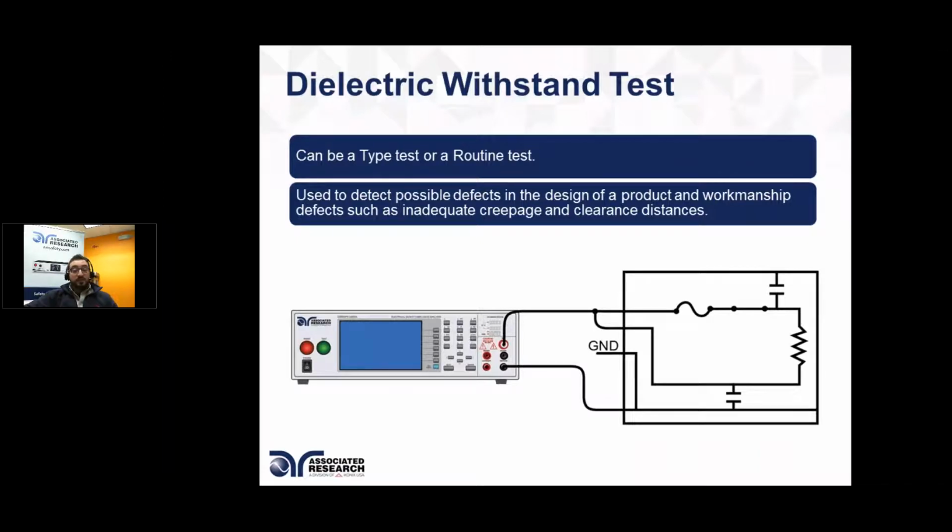High voltage is applied between the current carrying conductors and ground, and everything in the middle, which is the insulation, is stressed, and as a result a current flows, which is measured by the HiPot tester, and a pass-fail determination is made based on user input.